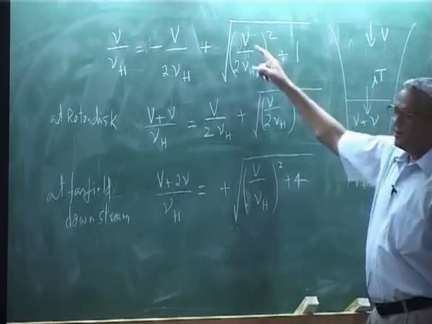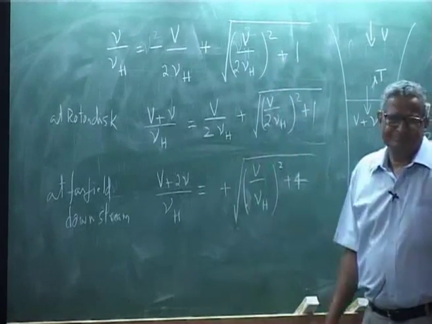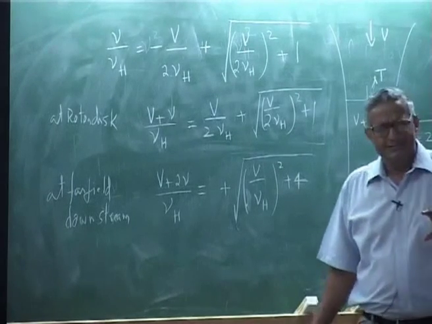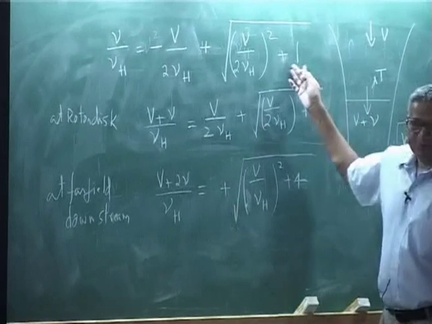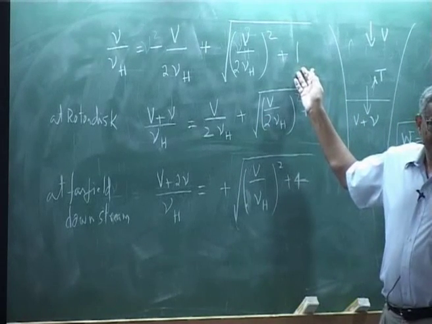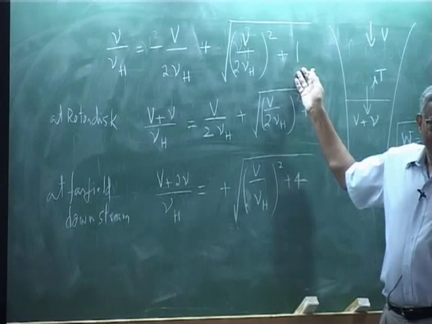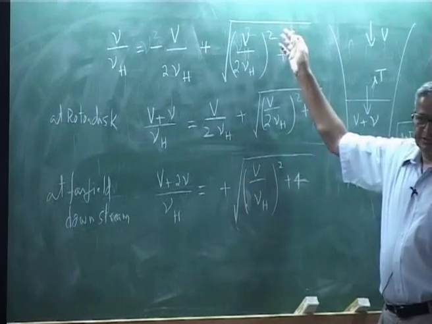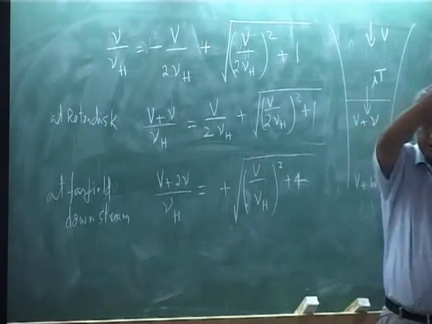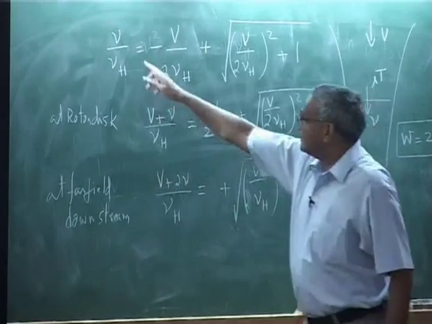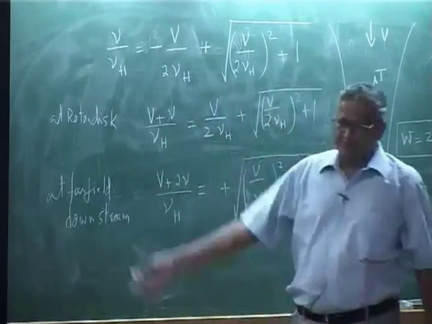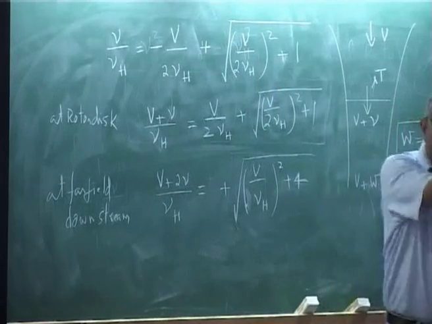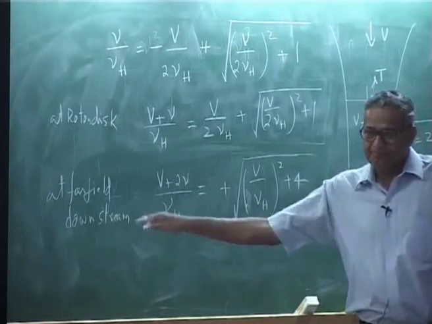When V over 2 nu h is quite large, very large means then whether you add 1 or not, it really does not matter. Square root. You will approach asymptotically to a low value, 0 value, technically for very high, infinite climb speed.